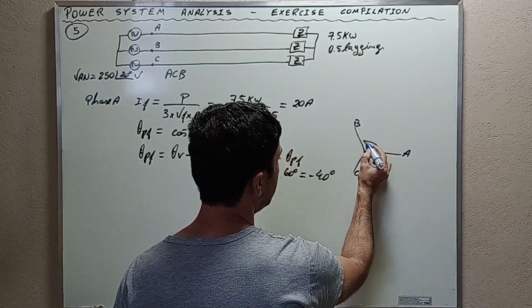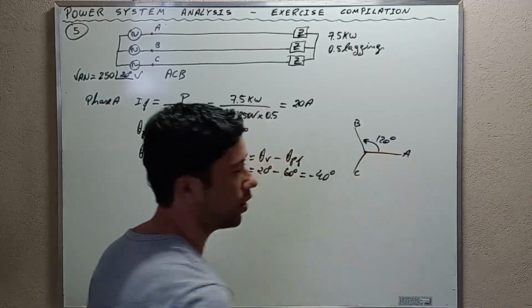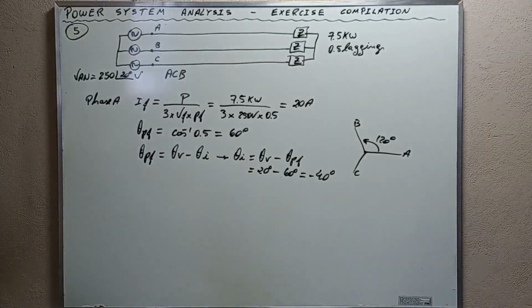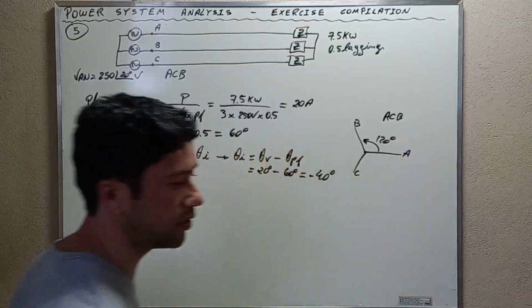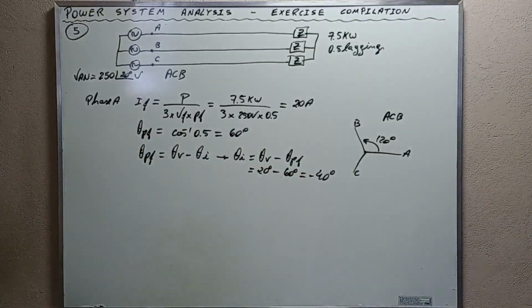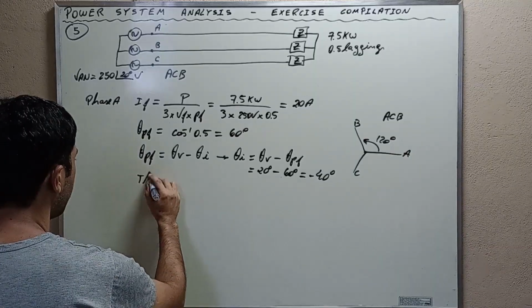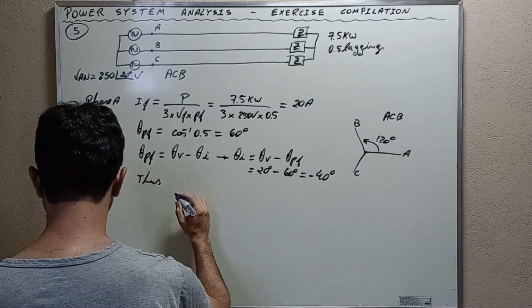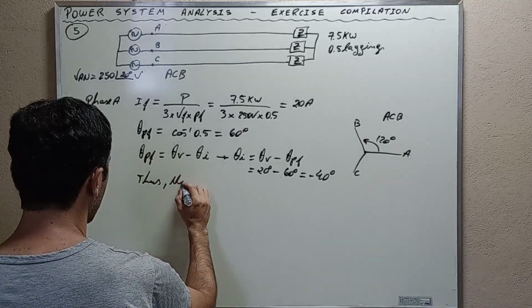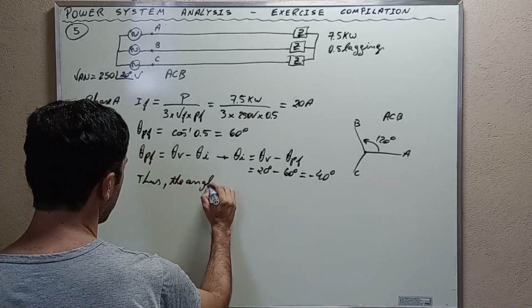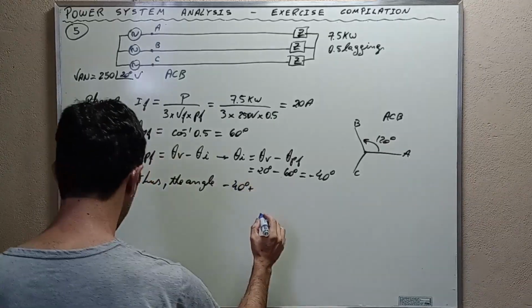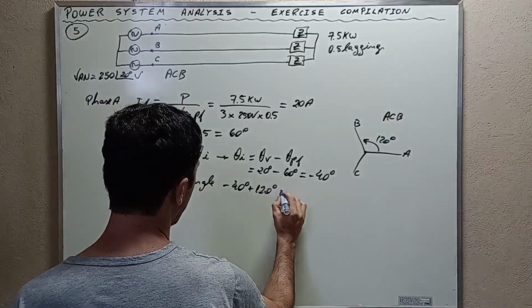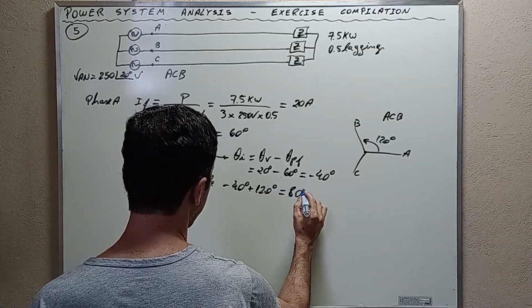We have to add 120 degrees, okay? Because this is the inverse sequence. All right. Thus the angle is negative 40 degrees plus 120 degrees, which is equal to 80 degrees.